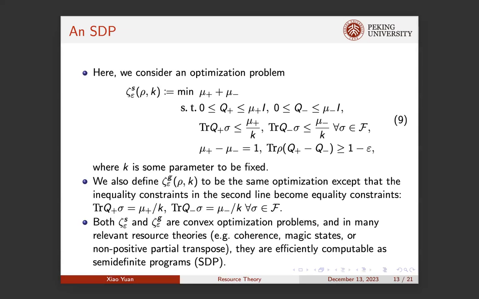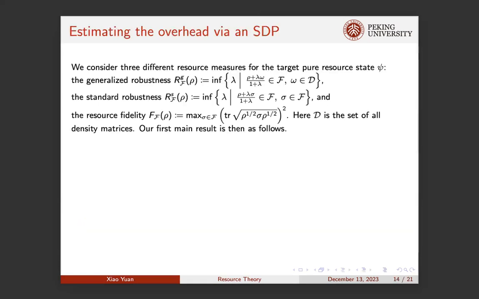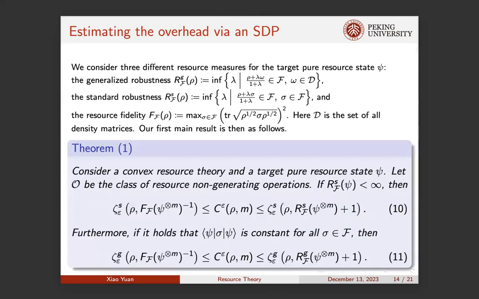So here we have this SDP, but how can we relate it to the overhead? We need three different definitions of resource measures: the generalized robustness, the standard robustness, and the resource fidelity. I will not go into the detail, but here is our result.